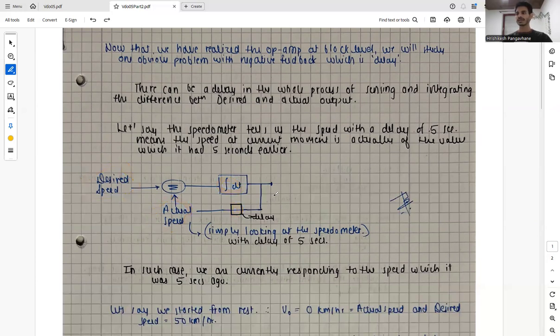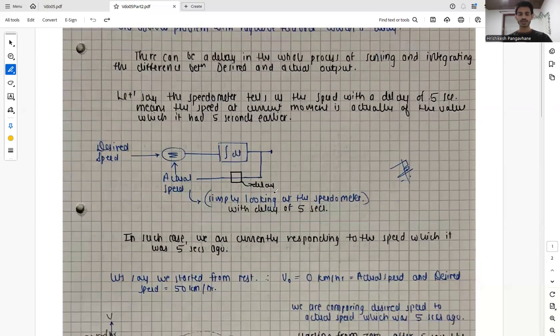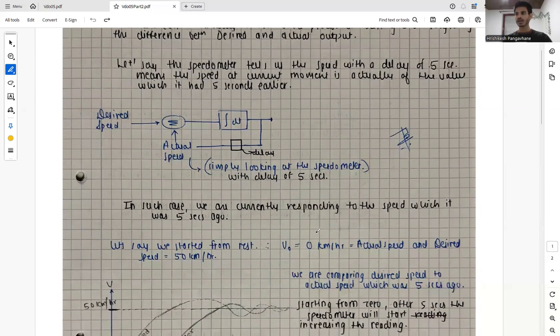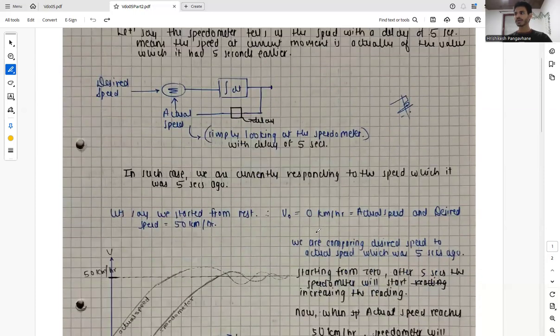Let's say we started from rest. So we started from zero velocity, the actual speed is zero, and the desired speed is 50 kilometers per hour. Now we are comparing the desired speed to the actual speed from 5 seconds ago.